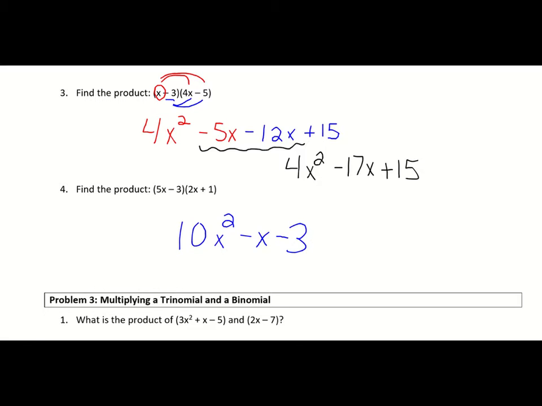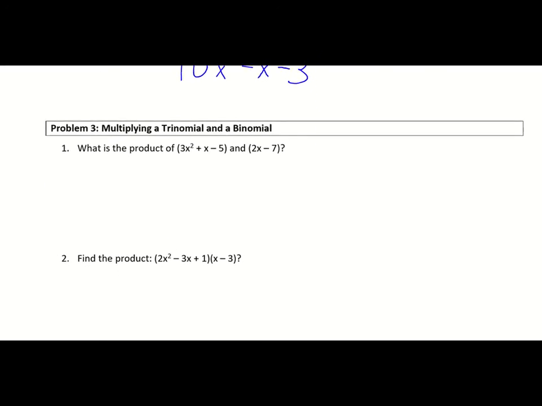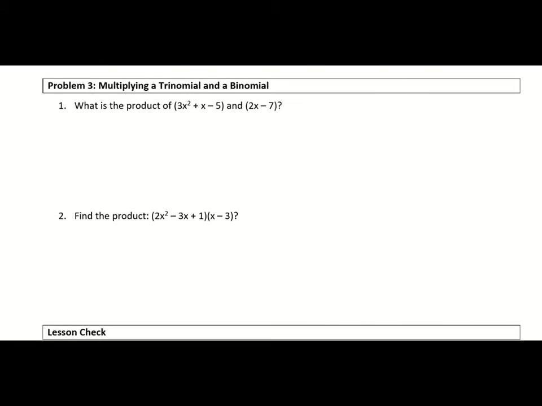We're now going to take a look at two problems where we multiply a trinomial and a binomial together. So number 1, we want to find the product of 3x squared plus x minus 5 and 2x minus 7. So remember, product is just a fancy term to multiply your two polynomials together. So what I'm going to do when it's a trinomial and a binomial, same process.